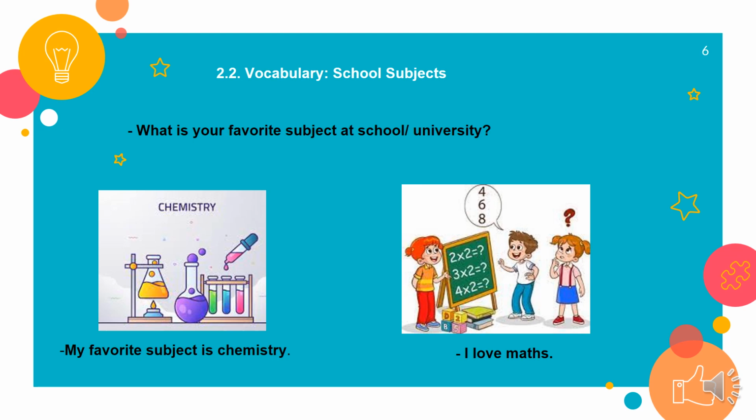My favorite subject is chemistry. What is your favorite subject at the university? I love maths. You can see maths is mathematics. Mathematics, you can see the numbers. So you can say, my favorite subject is math, or I love math.